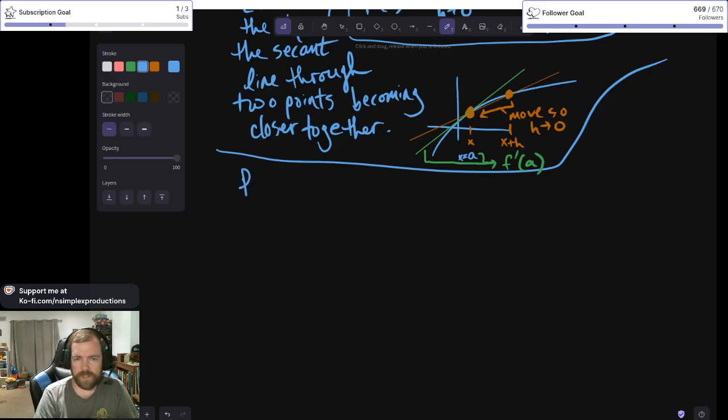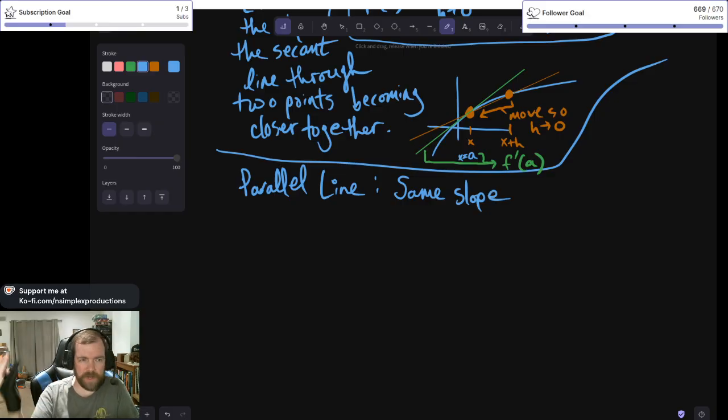Then, in order to extend this to what we actually want to look at tonight, we would want to say, all right, if you were looking for a line that is parallel to another line, that's going to have the same slope.